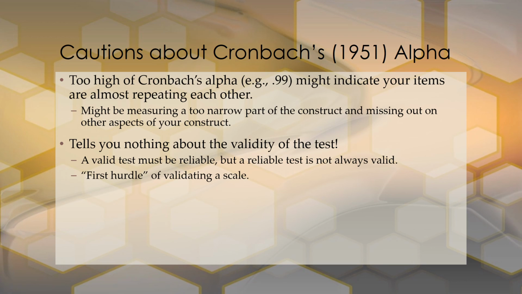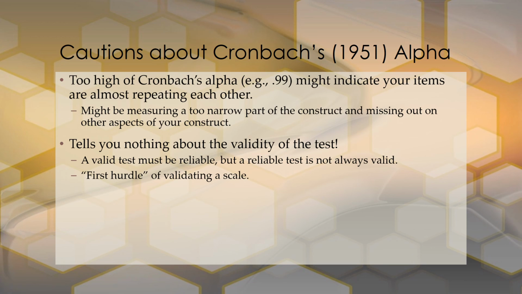And lastly, and probably the most important to remember, is that Cronbach's alpha is about reliability, and it tells you nothing about the validity of the test. A valid test must be reliable, but a reliable test is not always valid. Calculating the reliability is the first hurdle in validating your test.